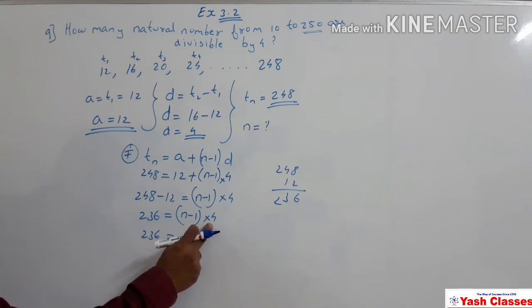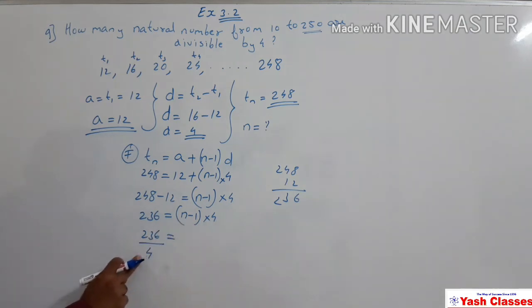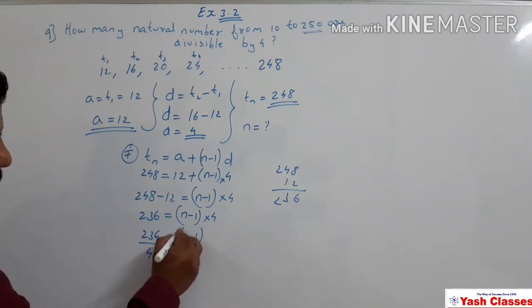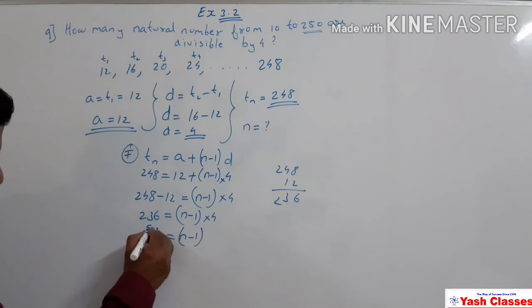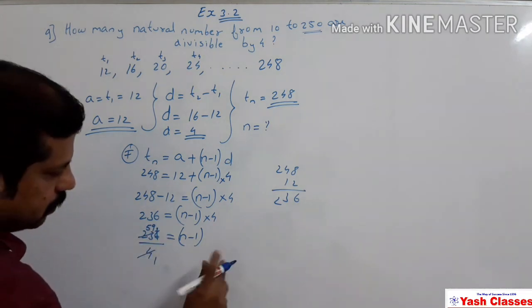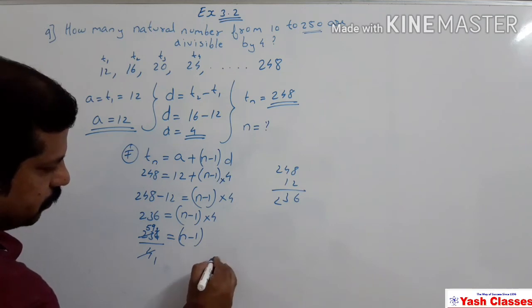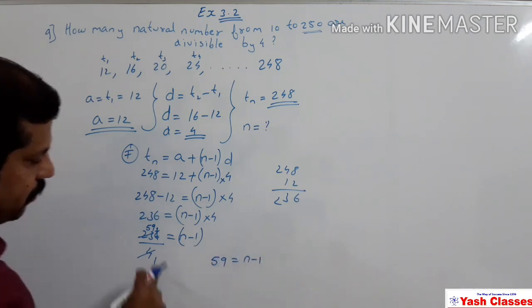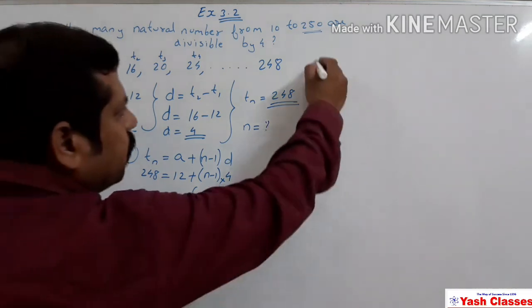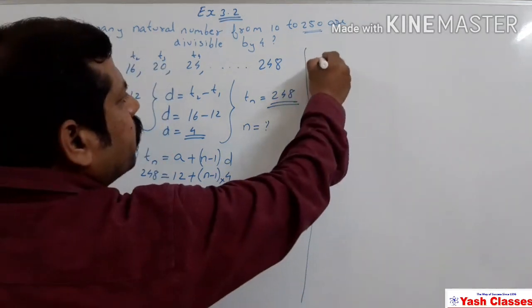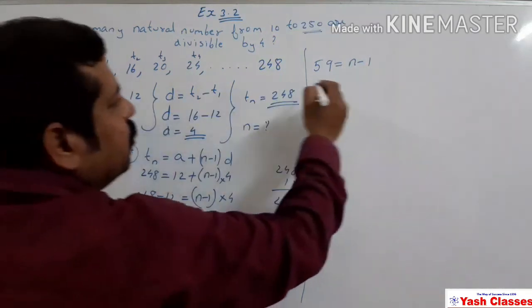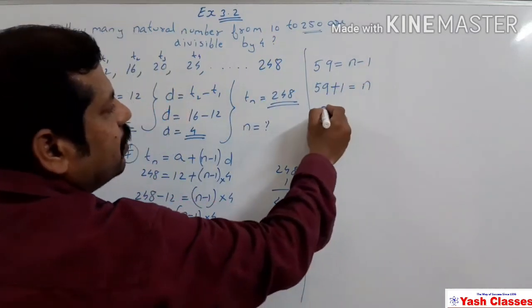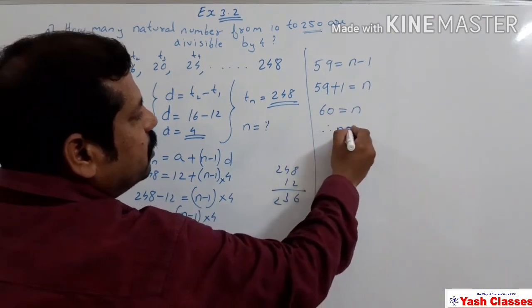See here, this 4 is coming here. Multiply sign is there, it will become division. 236 divided by 4: 4 fives are 20, remainder 3, 4 nines are 36. 59 is equal to n minus 1. 59, minus 1 will come here, it will become plus 1 is equal to n. 60 is equal to n, therefore n is equal to 60.